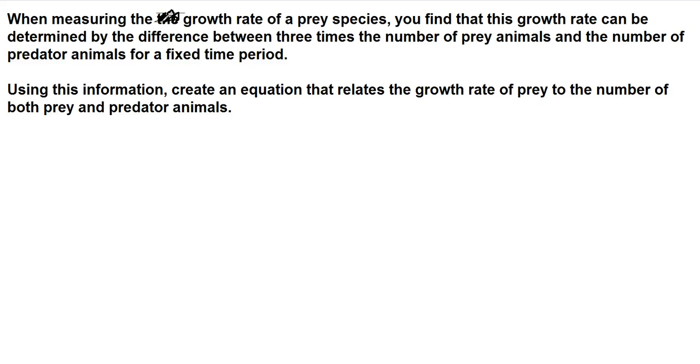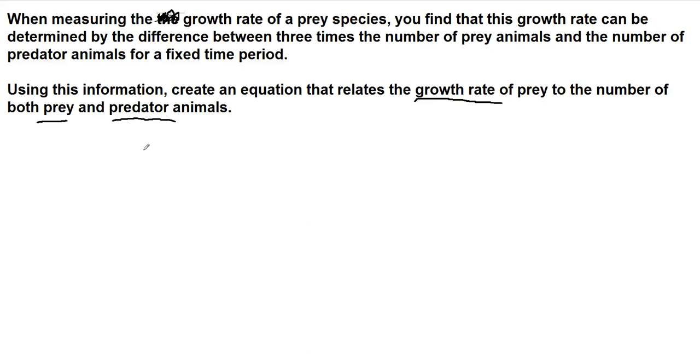Now, we're going to do this in a very basic form. What we've been asked to do is relate the growth rate to the number of both prey and predator animals. So if you take a look at what you've been asked, we want to relate 3 things that we don't know together. The first is the growth rate that we've been asked for, and the second things are the numbers of prey and predator animals.